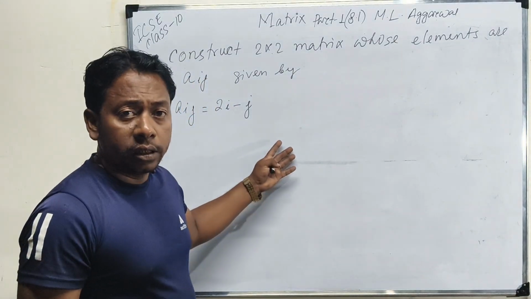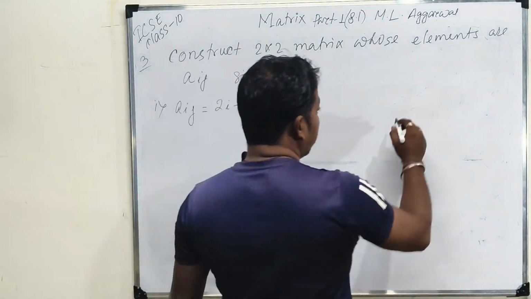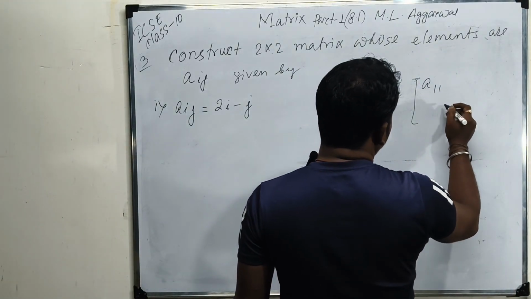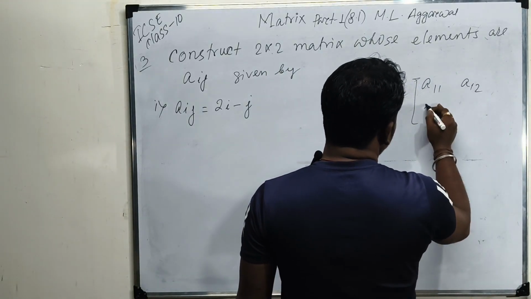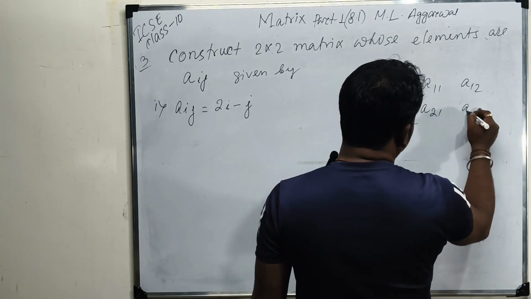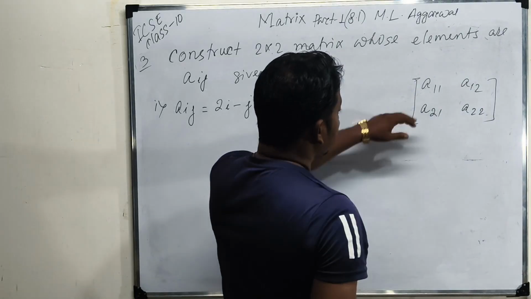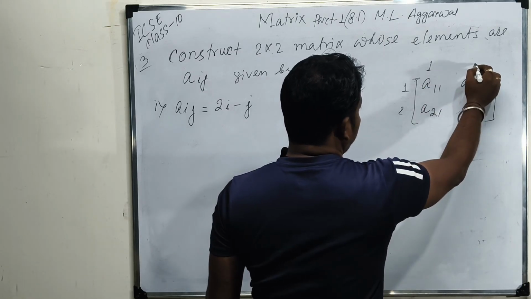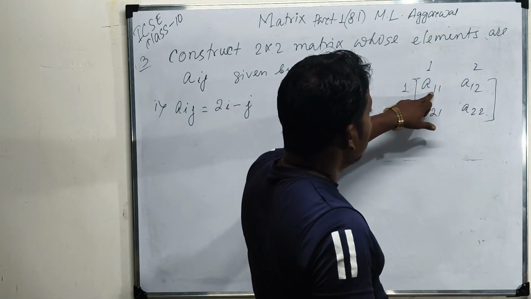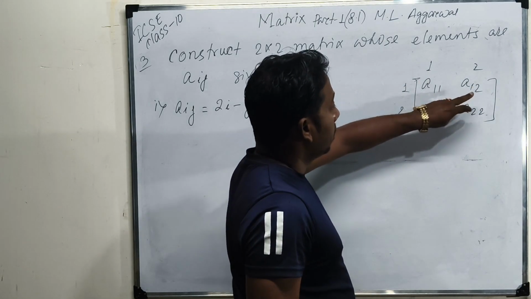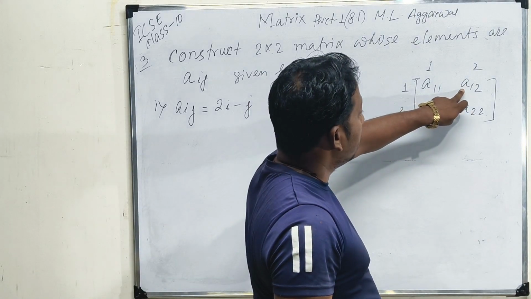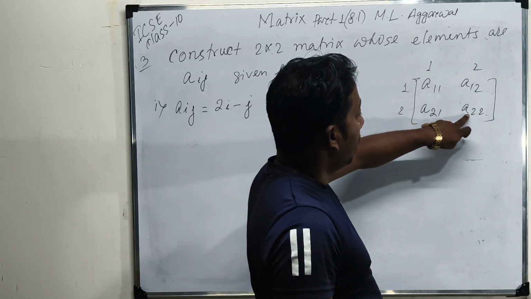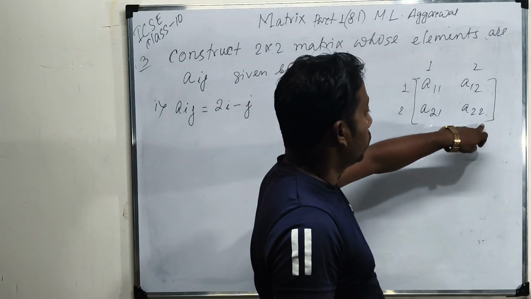At the beginning of the class, we already mentioned the positions of the matrix, that is, this position is A11, A12, A21, A22. Why? This is row 1, row 2, column 1, column 2. So here row 1, column 1, here row 1, column 2, here row 2, column 1, and row 2, column 2.